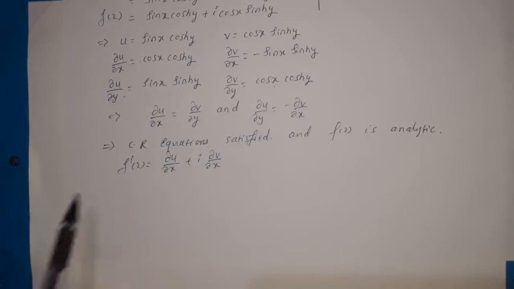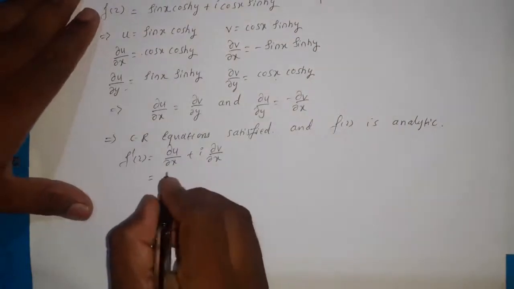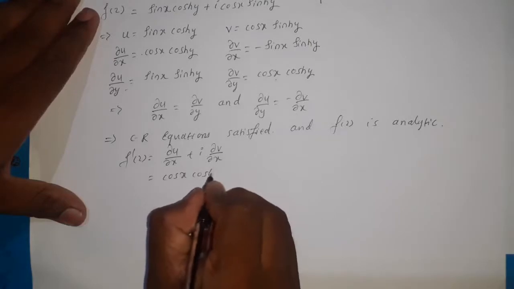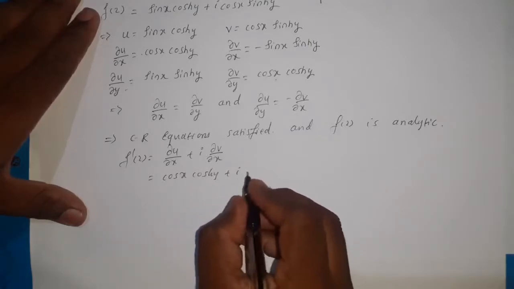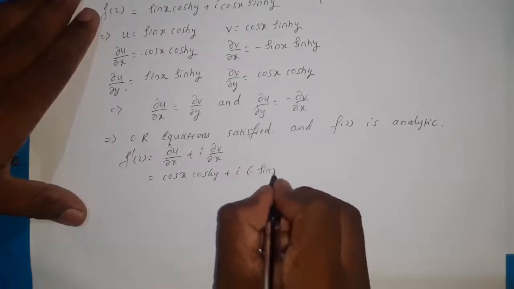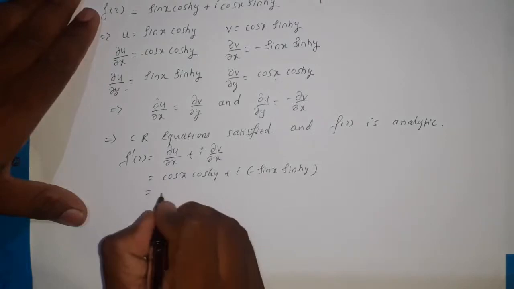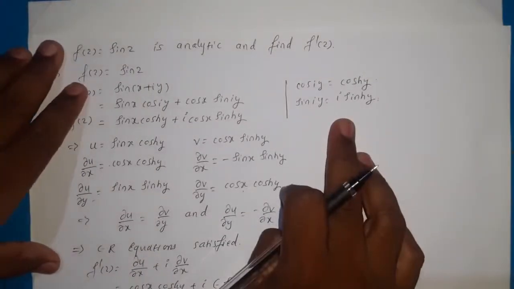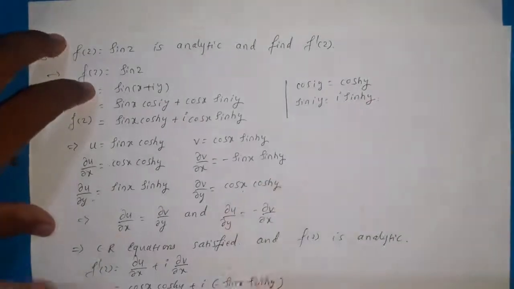Now dou u by dou x is cos x cos hyperbolic y, plus i into dou v by dou x, that is minus sin x sin hyperbolic y. Now use the properties again, in reverse order.